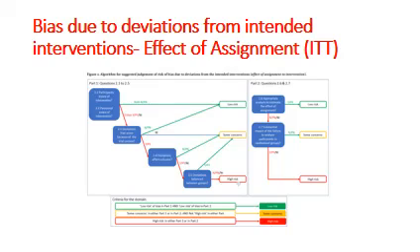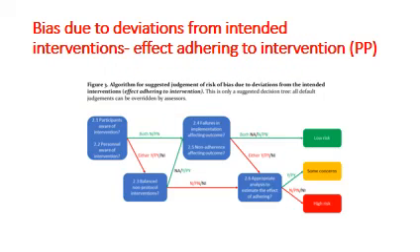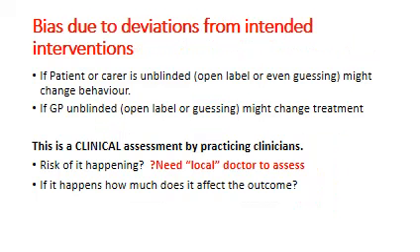So this is for the effect of adhering to the intervention. So they have got two different ways of calculating, which is common. One is the intention to treat, and the other one is per protocol. Now, both of these are dependent on blinding of the patient or carer and blinding of the doctor who is treating them for other things, right?